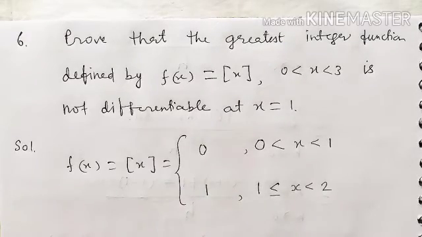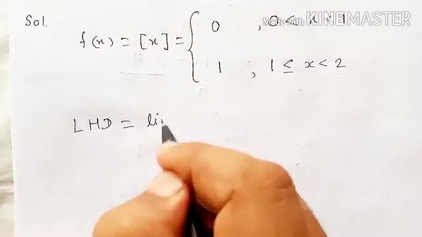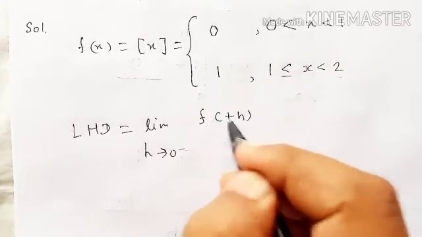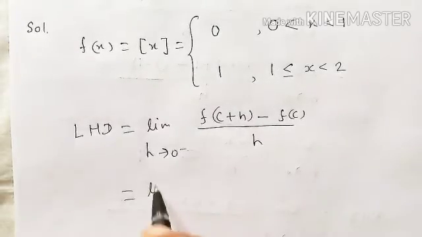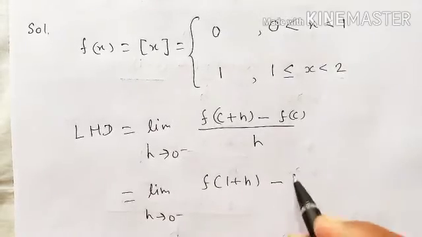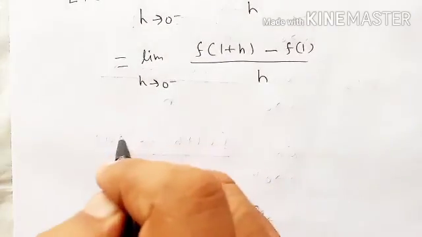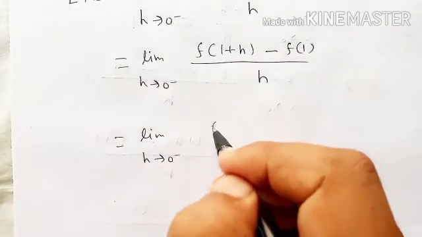Now we have to take LHD and RHD. So LHD, limit h tends to 0 minus of f(c + h) − f(c) by h. Here c is 1. So f(1 + h) − f(1) by h. Here h is negative. So 1 + h is less than 1, and its greatest integer will be 0.